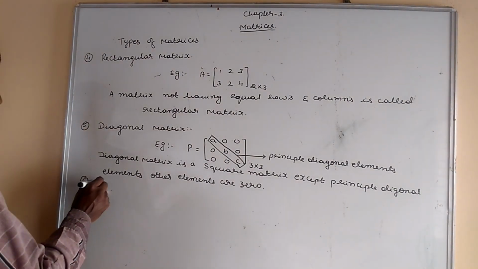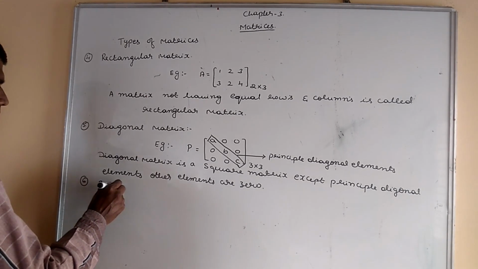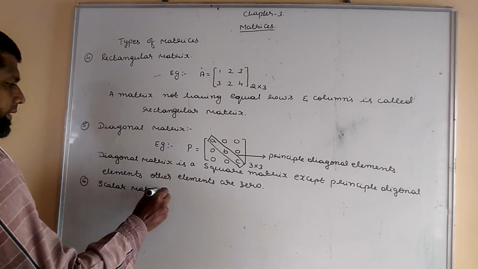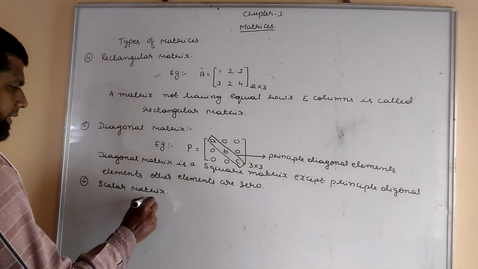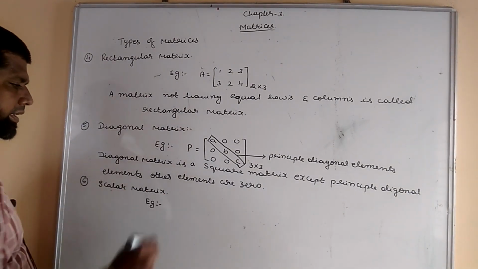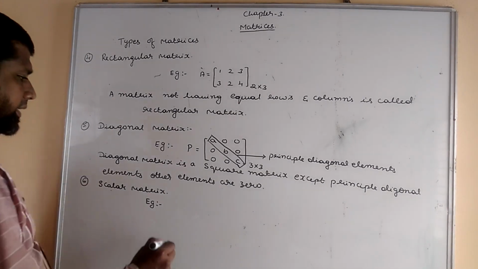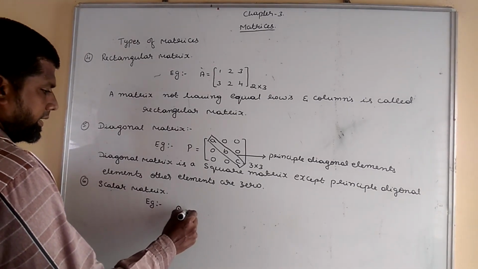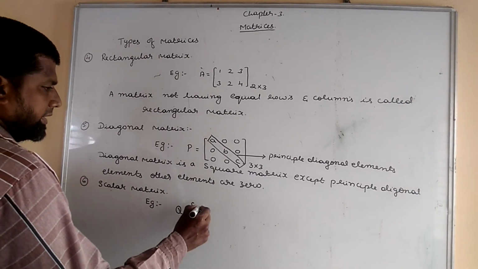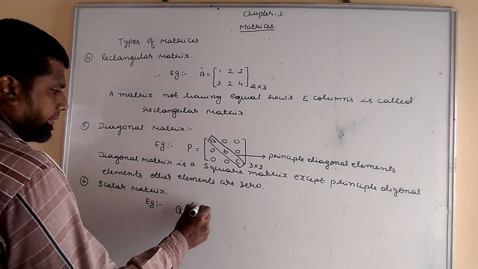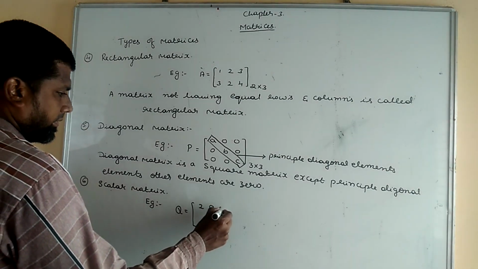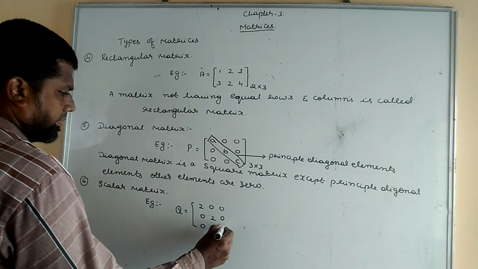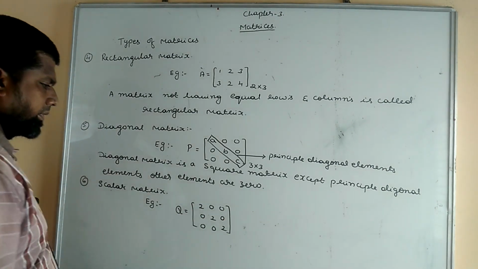Sixth, scalar matrix. Example of a scalar matrix. A scalar matrix is also like a diagonal matrix, but the principal diagonal elements are the same.